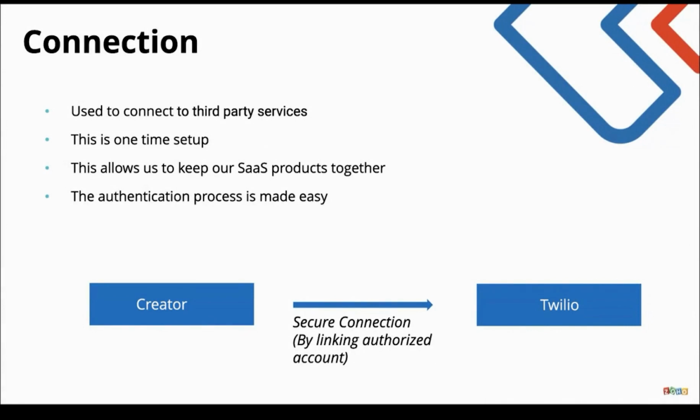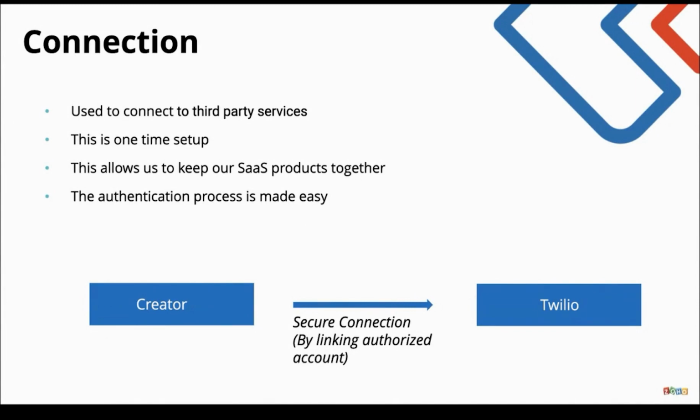This connection setup is a one-time setup. Once we set up the connection, we can reuse it multiple times, and this allows our SaaS-based products to work together. Instead of every product working as an individual silo, we can make them integrate and work together so that we can harness the power of both products to the maximum extent.